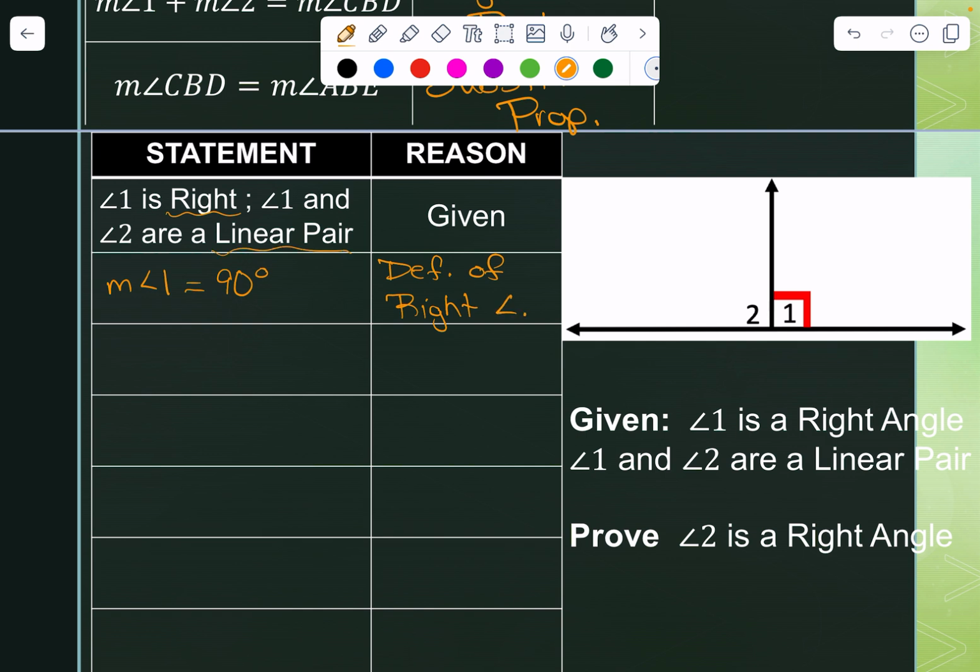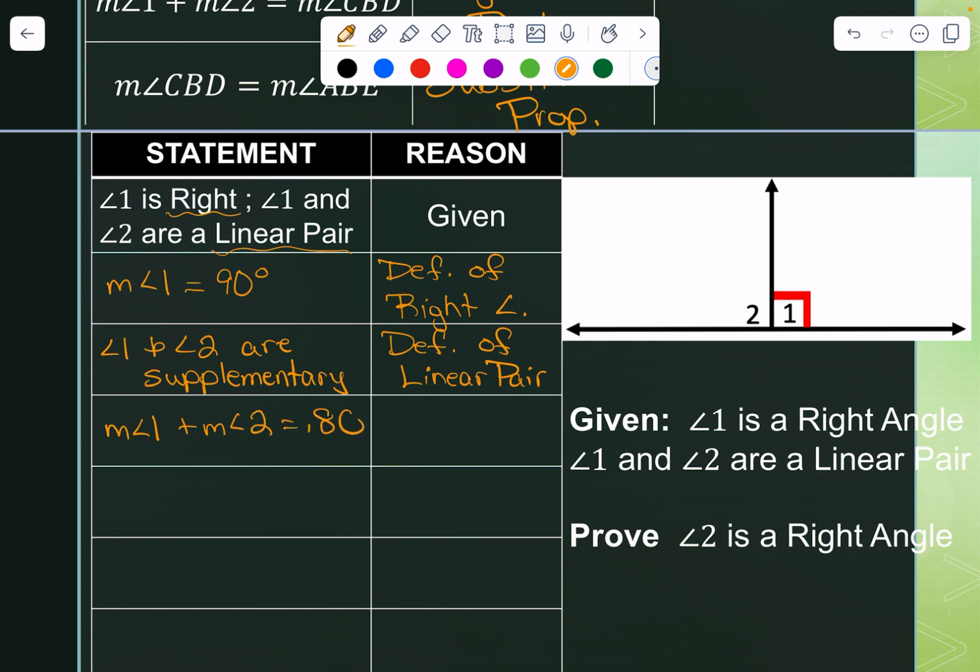And that is the definition of right angle. I also know by the linear pair, I know that angle 1 and angle 2 are supplementary. And that is definition of linear pair.